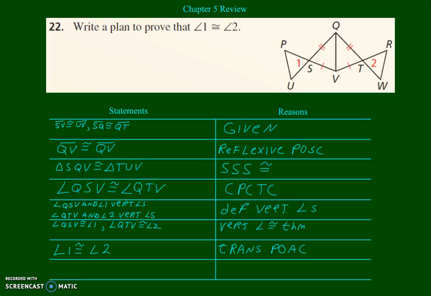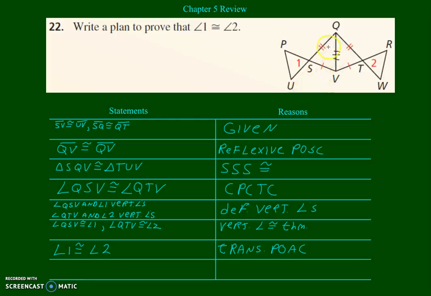So let's walk through this proof. We're given that segment SV is congruent to UV, SQ to QT. So this to this, and this to this. That leads us to QV being congruent to itself by the reflexive property of segment congruence. So let's go ahead and mark that there.